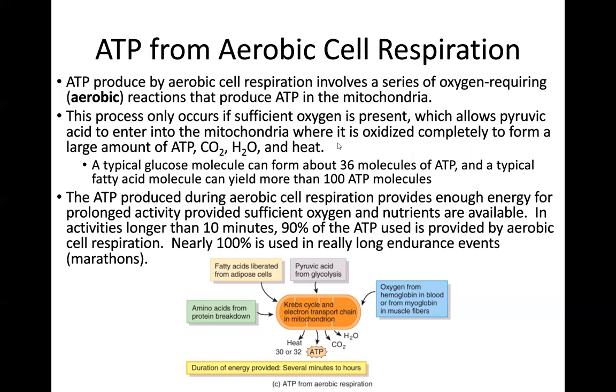And that's why this type of ATP production can provide us with enough energy to go for a long period of time. Okay. In activities longer than 10 minutes, about 90% of the ATP we use is provided this way. If you're going even longer than that, it's almost 100%. Like in a marathon where you're running for hours, triathlon, that kind of stuff, it's nearly 100%.